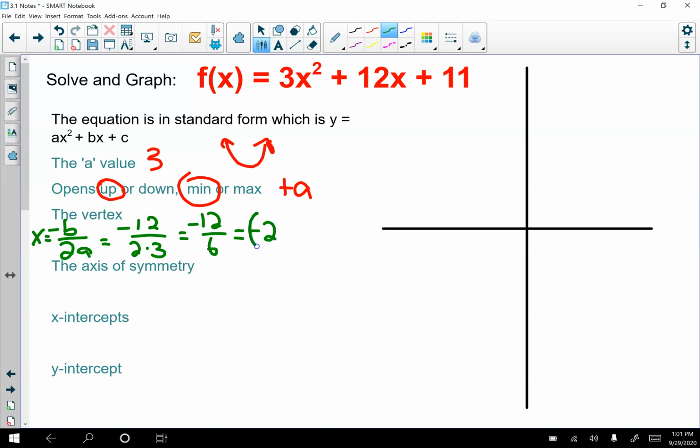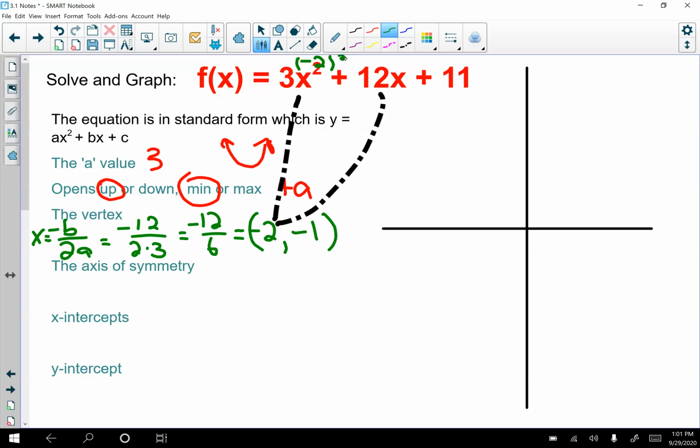The x is negative 2, and then I'm going to take this negative 2 and I'm going to drop it in here and here on your calculator, in for the x. And that's going to come out with negative 1. So make sure you know how to do that. Make sure you plug it in. So when you put a negative 2 in here, make sure you put a parenthesis around it, squared.